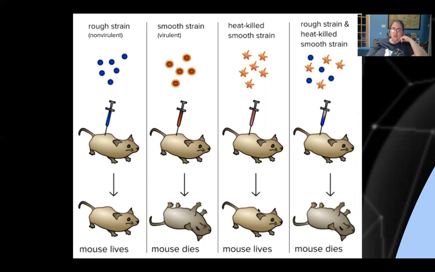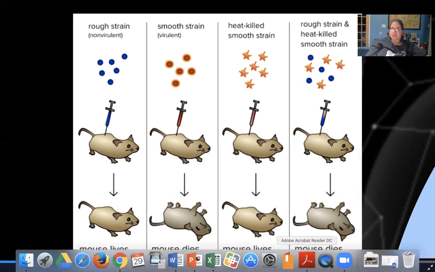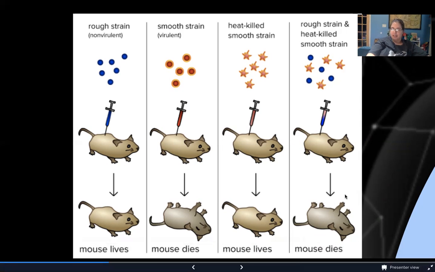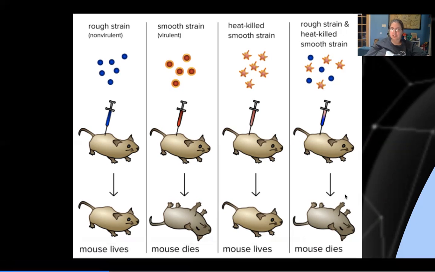Then he tried the rough strain, which the mice survived, together with the heat-killed smooth strain, which the mice also survived by itself. But when he gave them to the mouse at the same time, the mice once again got sick and died, just like they did when injected with the living smooth strain.